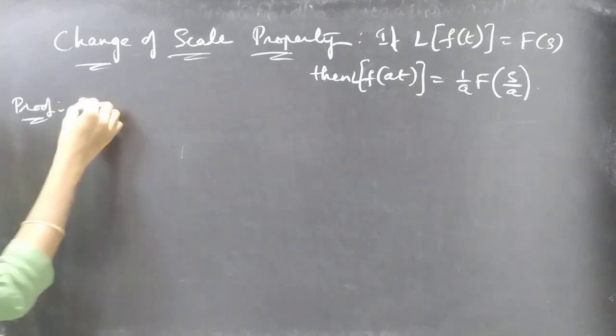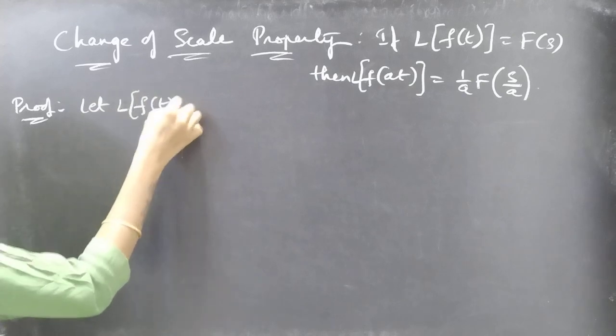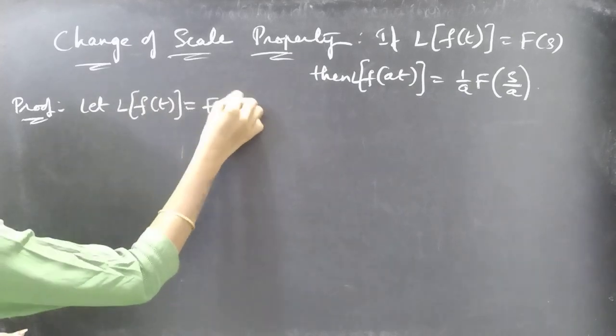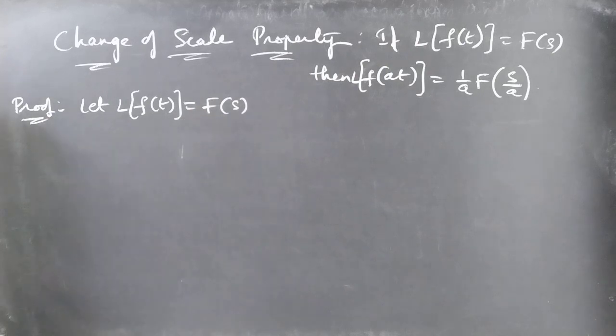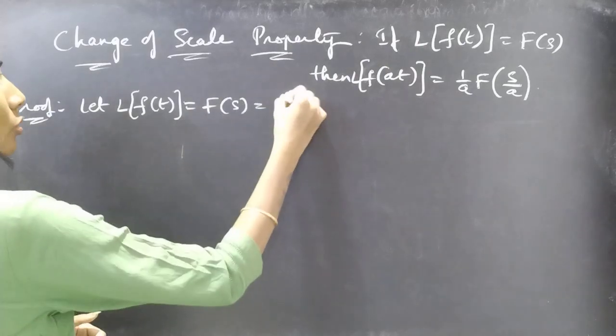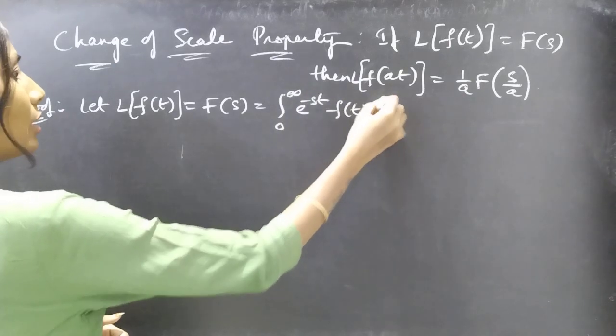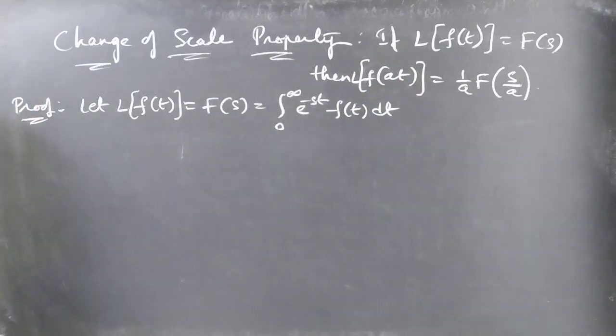Let L of f of t equal F of s, which is the integral from 0 to infinity of e power minus st f of t dt.